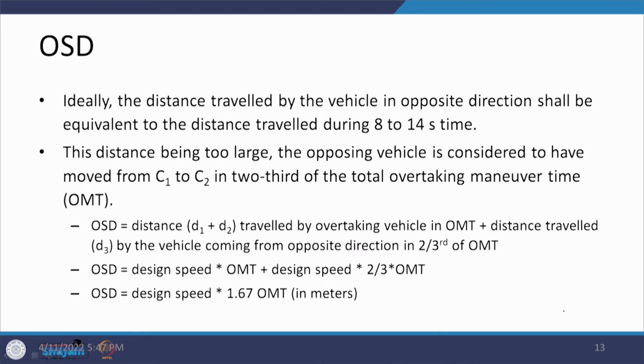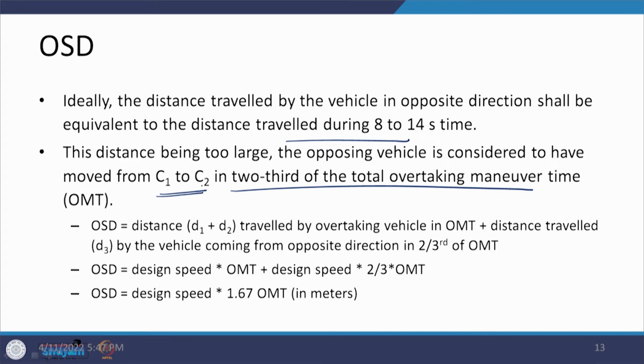Now, during this condition we also have a vehicle coming from the opposite direction. Instead of considering the location from A1 to A3 for vehicle A when the overtaking was thought of and implemented, what we consider is 2/3 of the total overtaking maneuver time of 8 to 14 seconds, in which the vehicle moves from C1 to C2.